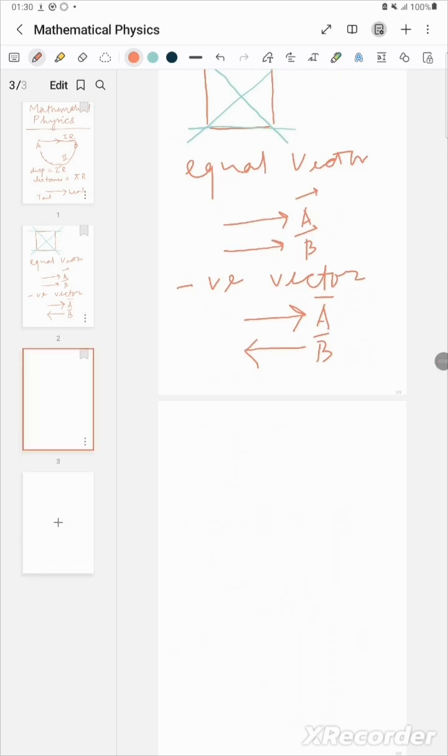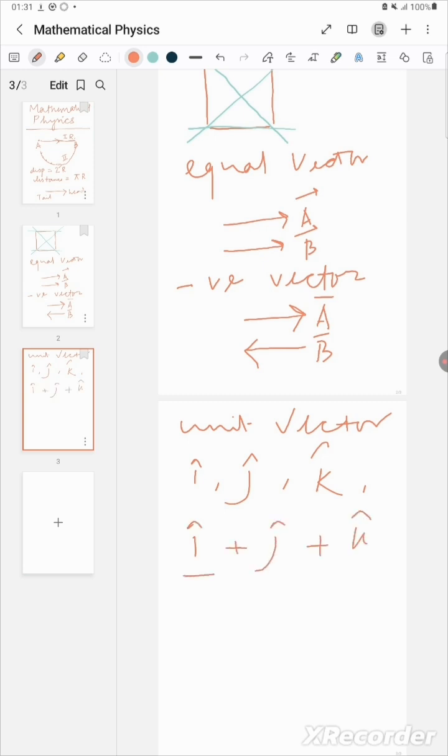The third type of vector is the unit vector. So any vector having unit magnitude and a direction is basically a unit vector. So for example, a unit vector would be i cap or j cap or k cap or (i cap plus j cap plus k cap) by root 3. Now let us find out why it is divided by root 3.